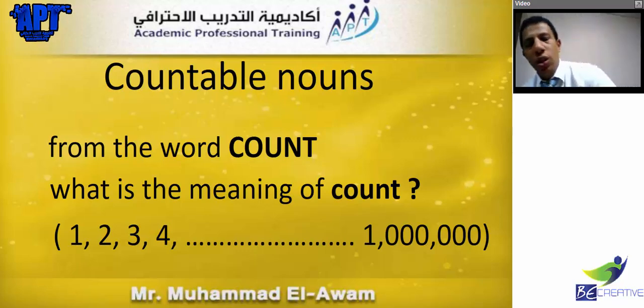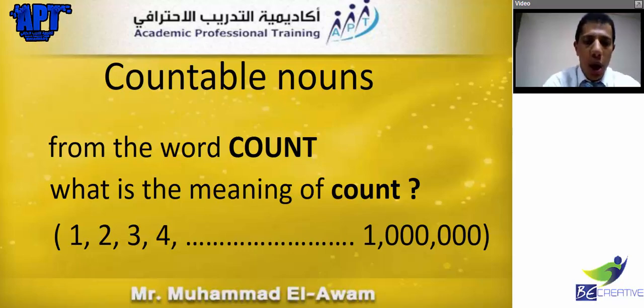First of all, let's look at the words countable nouns. What do we mean? We know that nouns are names of things. But what about countable? Countable comes from the word count. And what do we mean by the verb count? We count things.